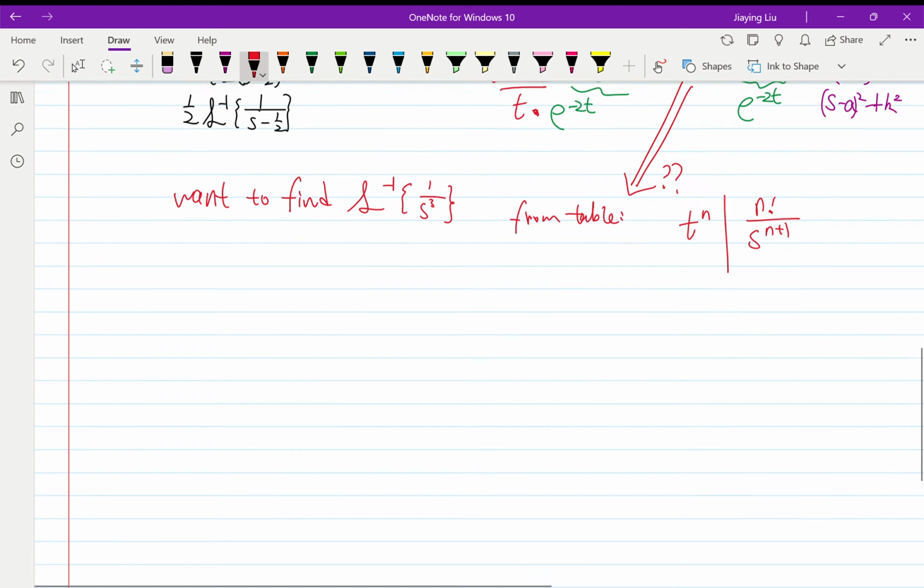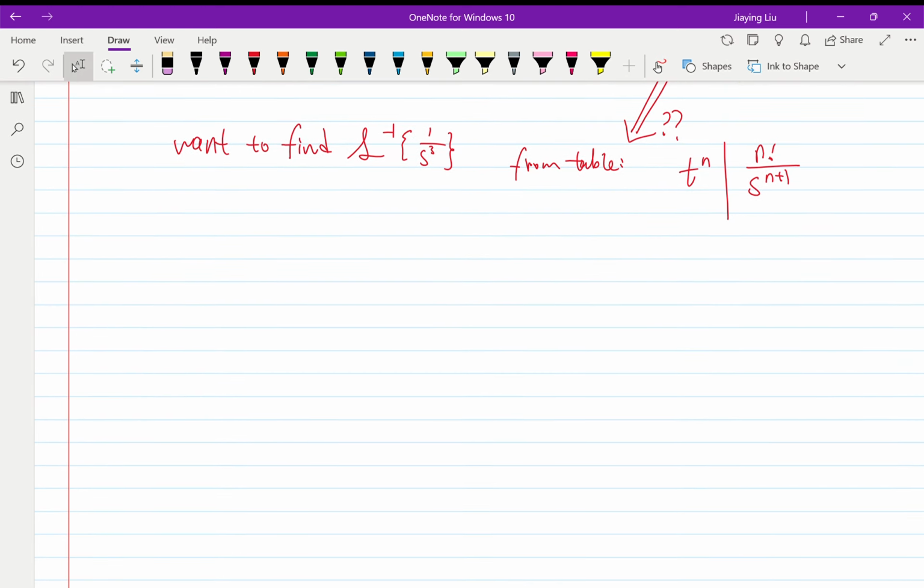You probably figured out already, but I just want to explain it just in case there's a little bit of confusion. So here we have 1 over s cubed. But in the table, I have a denominator s to the n plus 1, so I'm going to rewrite s cubed as s to some number plus 1. So this will become s to the 2 plus 1, with 1 in the numerator.